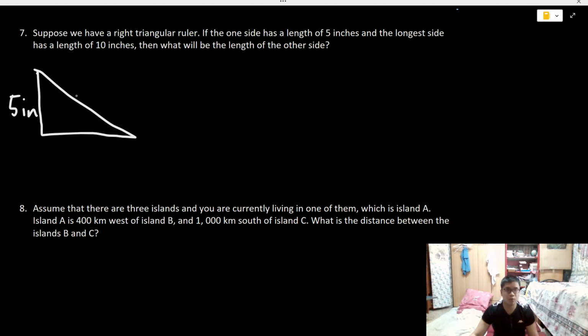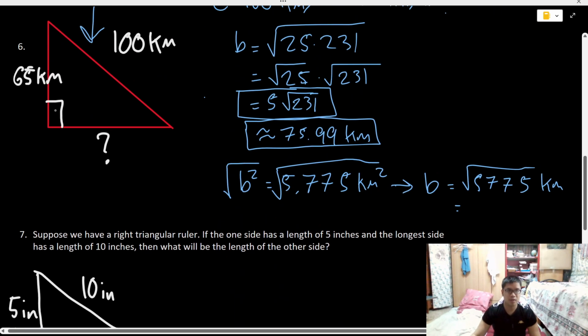Then, the longest side would be here, 10 inches. So what would be the length of the other side? We're going to do what we did here actually.